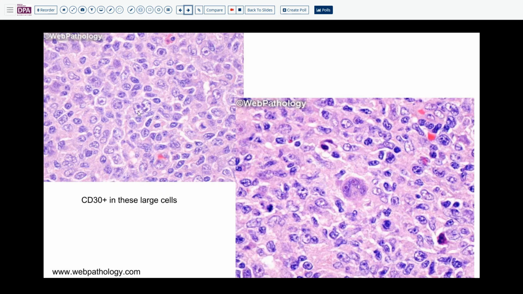And CD15 should be negative. So this is infectious mononucleosis, mimicking Hodgkin lymphoma. This cell is called a Reed-Sternberg-like cell. So the clinical scenario is really important, and the immunophenotype is also really helpful for this kind of case.